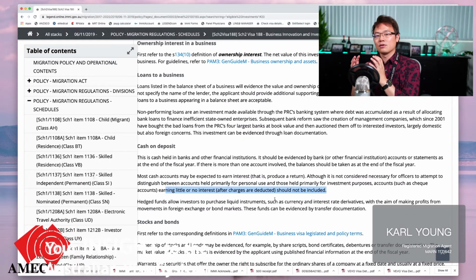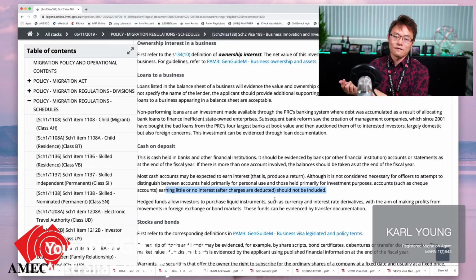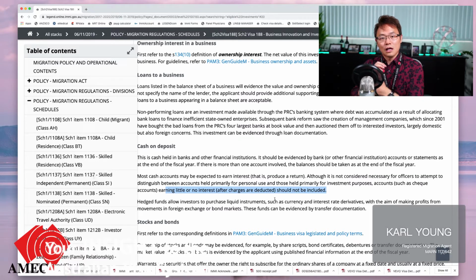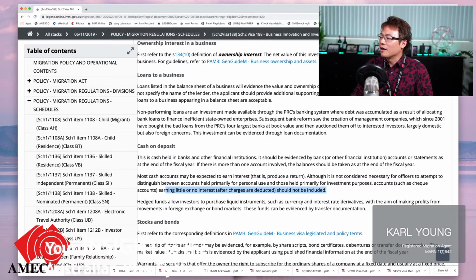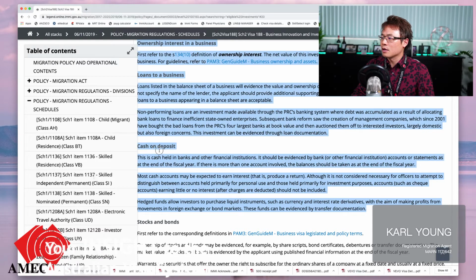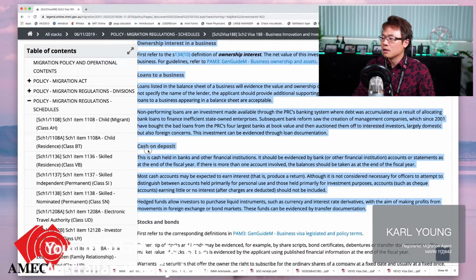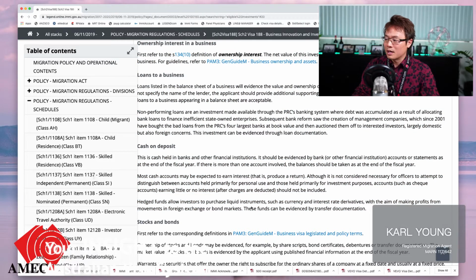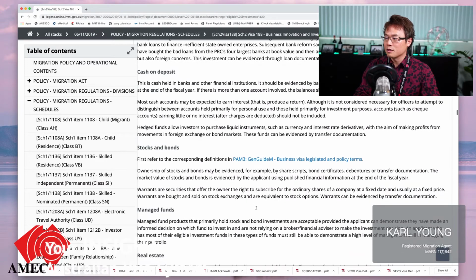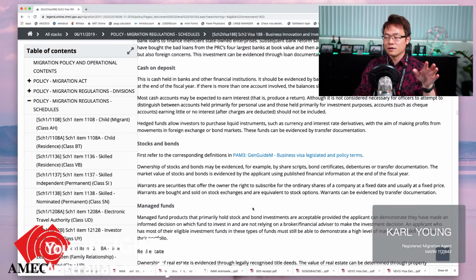If you put that money into the online saving account, that's considered an investment, although the interest rate nowadays is not that high anyway. So again, I foresee that this criteria will be updated fairly soon, as it doesn't really match current investment structures nowadays.